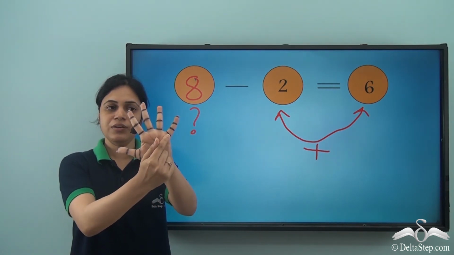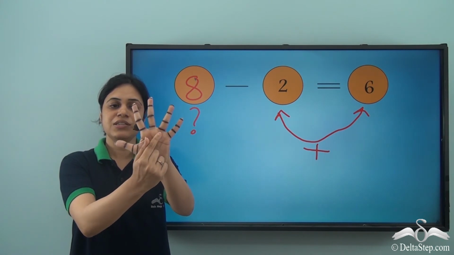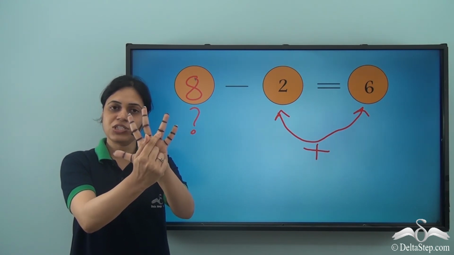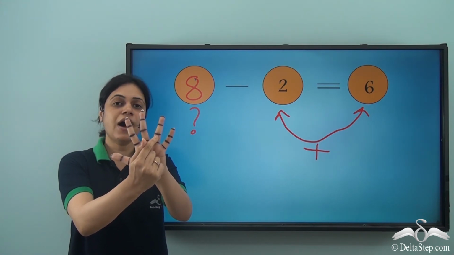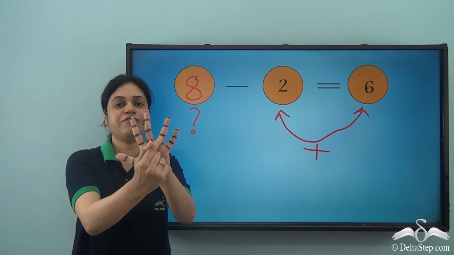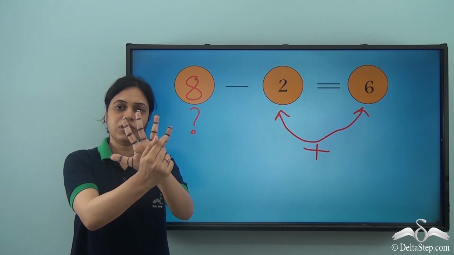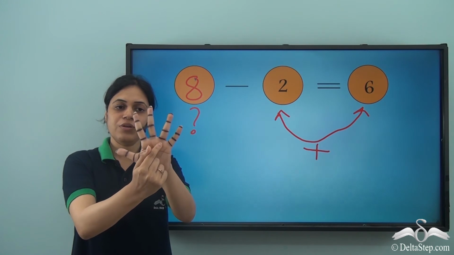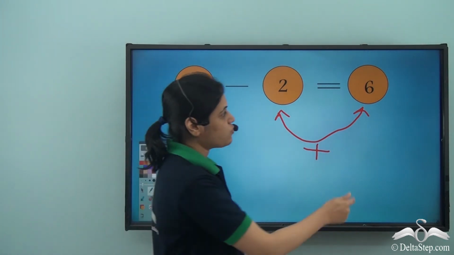So 3, 4, 5, 6, 7, 8. I need to go till 8. And now I need to count how many finger marks. 1, 2, 3, 4, 5, 6 finger marks, which is what we have here.